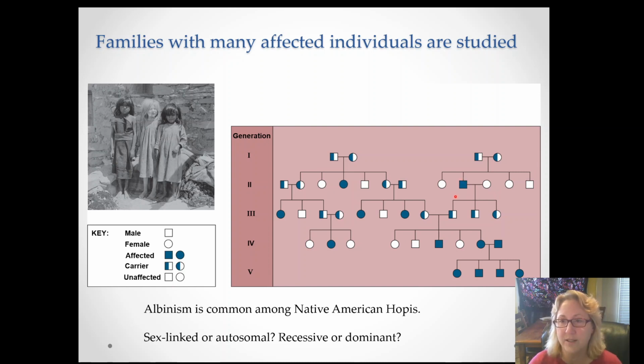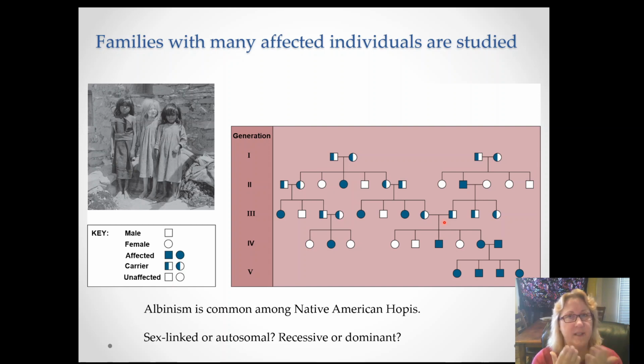One parent is homozygous for the albinism allele, and we know that because they're affected. All the children have to have at least one copy of that allele because that's the only allele they could get from that parent. And if you remember from meiosis, those two alleles separate during gamete formation, and 50% of the offspring get one and 50% of the offspring get the other.